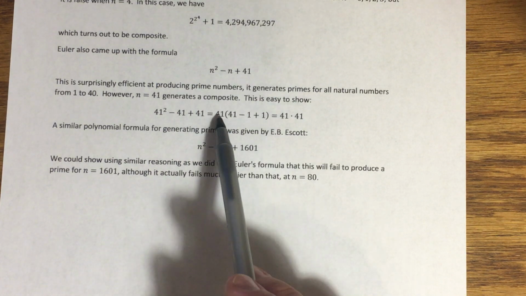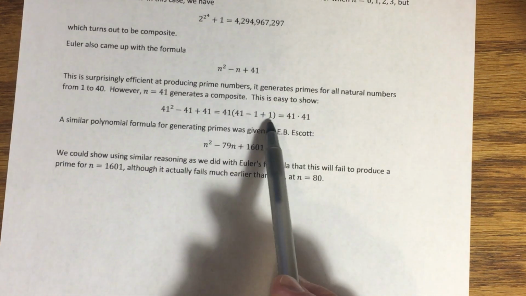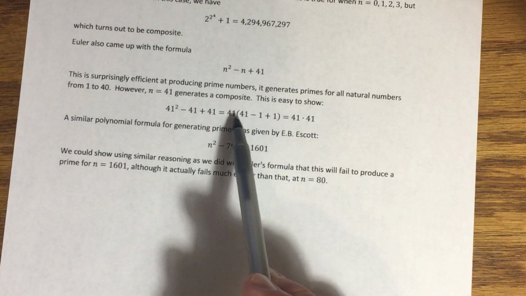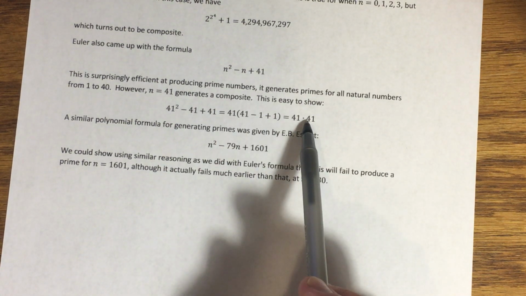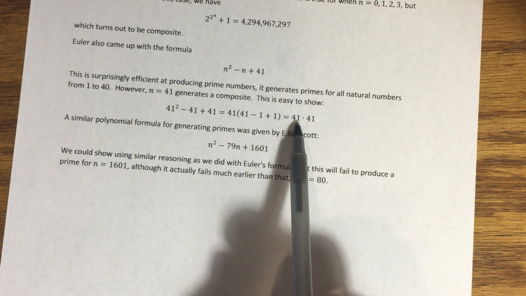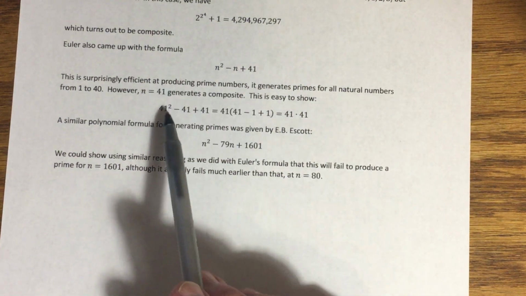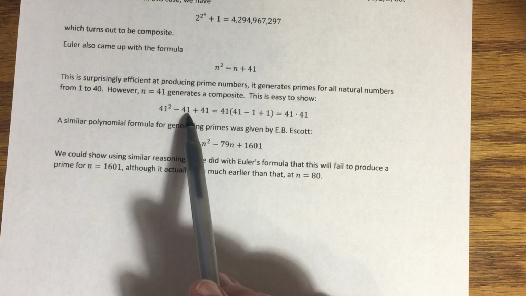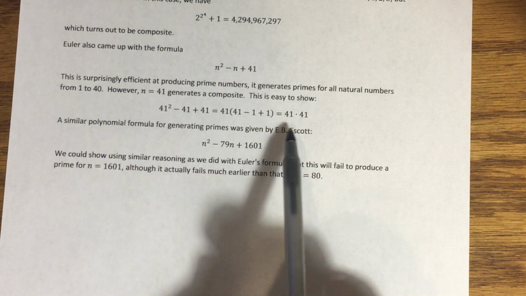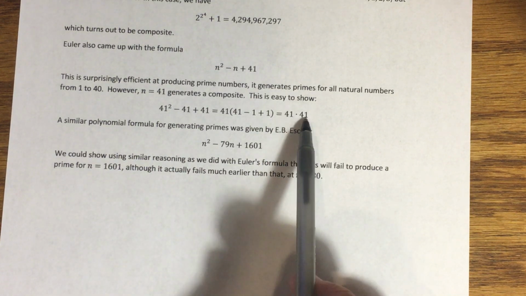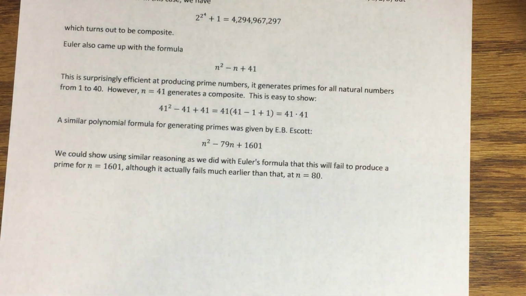I can pull that factor of 41 out, simplify the inside, and now what I have is a product of two numbers, 41 times 41. So I didn't have to find 41 squared minus 41 plus 41 explicitly to show that it's just equal to 41 times 41, proving that it's a composite number.